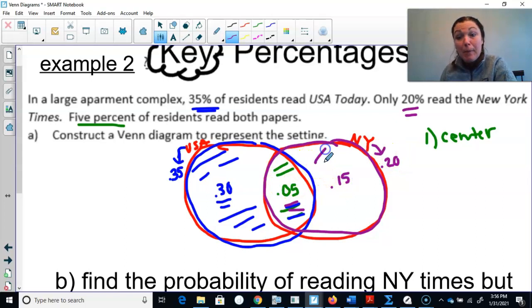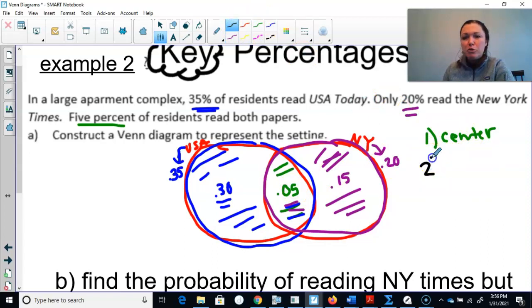And this represents the people who read the New York Times, but they don't read the USA Today. So what did I do with step 2? What I did with step 2 is I used subtraction to fill out the other parts of the circles.